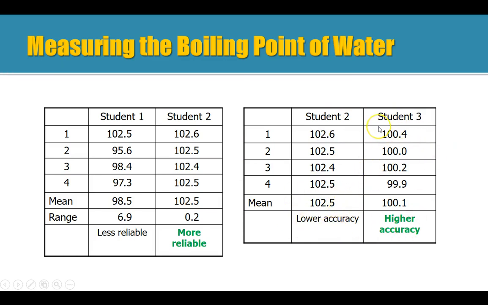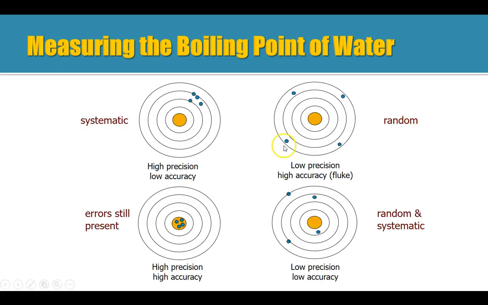Student 3, however, has an average of 100 degrees Celsius. So therefore they have high accuracy because their data is as close to the true value of boiling water. So this is just a diagram to show the difference between systematic and random errors, looking at precision and accuracy or reliability.